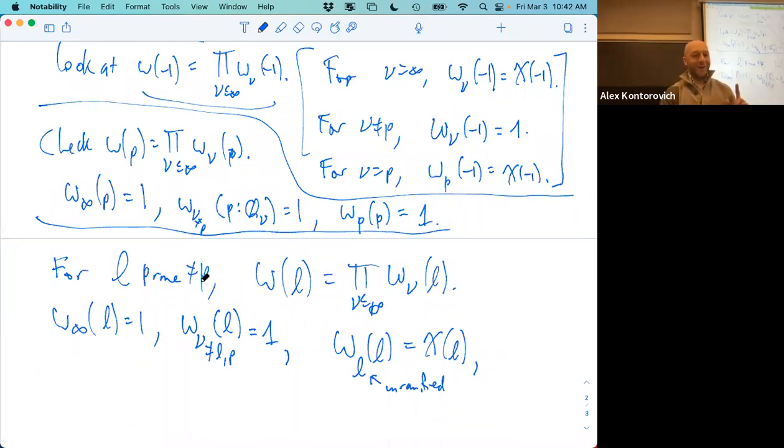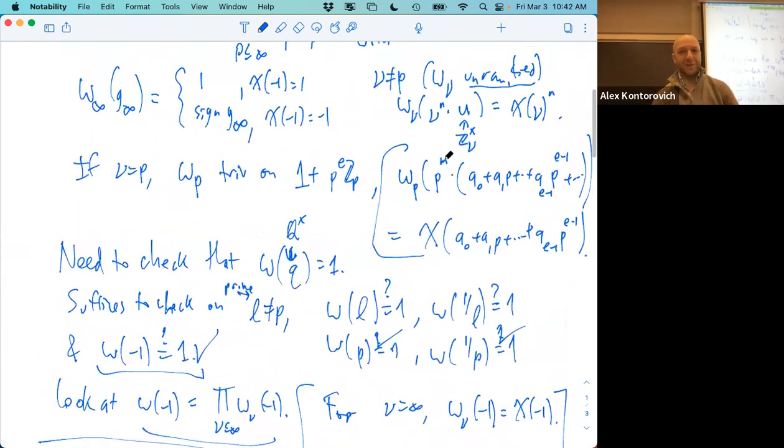The primes that are in chi, we trivialized omega at the ramified place. We make it act independently, so we just set omega_P of P to be 1. So in a sense chi is made out of those ramified primes. That's right. And so saying L is unramified means that evidently it can't be divisible by P.